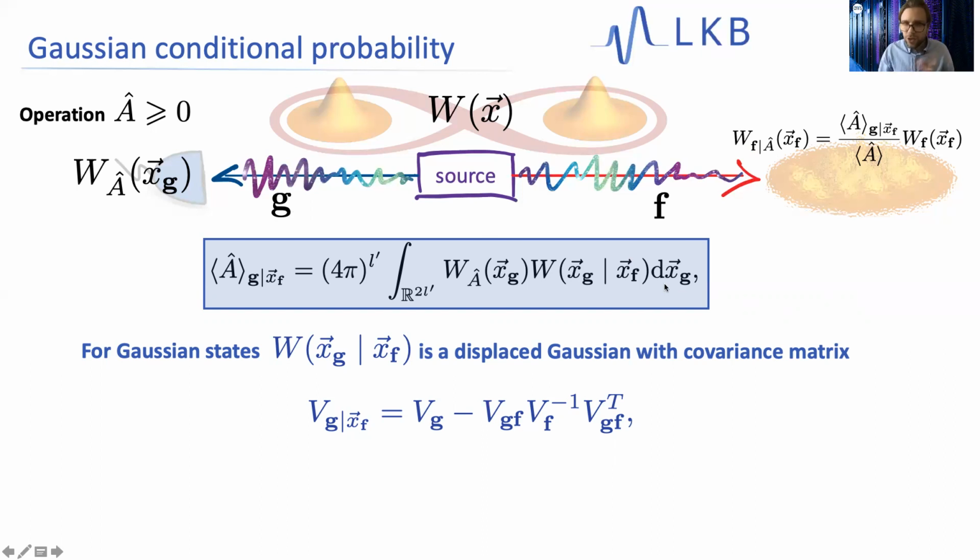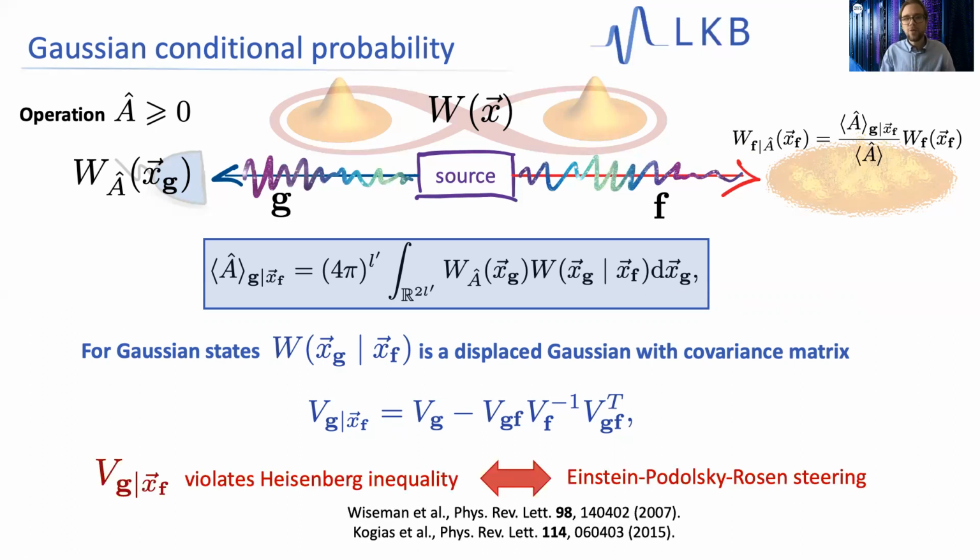And so this Schur complement is, well, it is what it is, but it turns out to be a very important object also in the theory of quantum steering. More specifically, it turns out that this Schur complement does not necessarily obey Heisenberg's uncertainty relation, which means in return that actually this conditional probability distribution is not necessarily going to be a well-defined Wigner function of a certain quantum state.